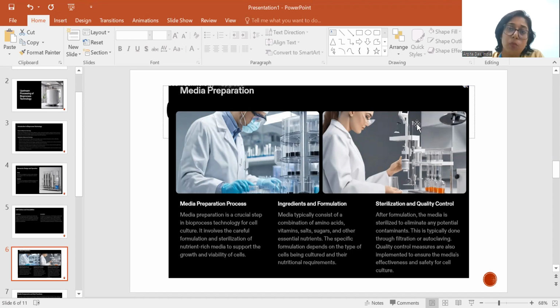When you get profit, you need to understand how much you have invested, what amount you have sold, and what profit you gained from that situation. So media preparation plays an important role. This is a part of upstream processing.